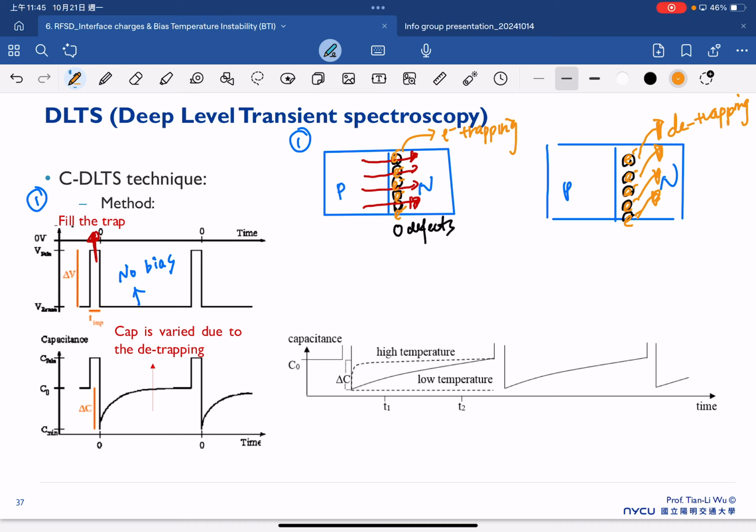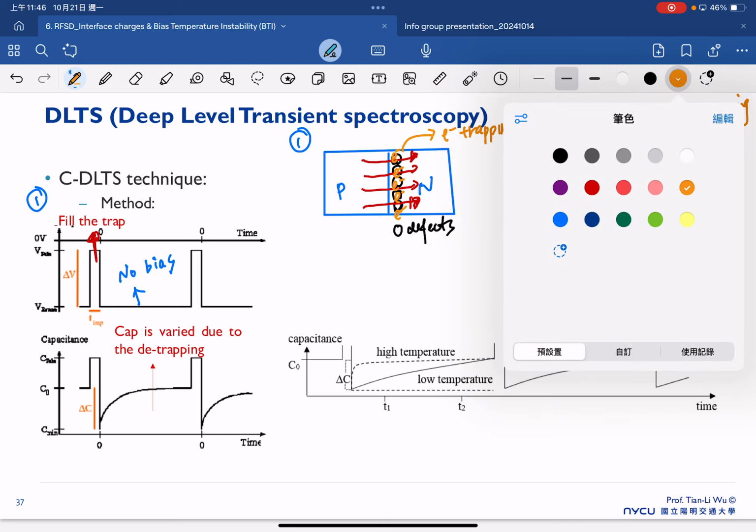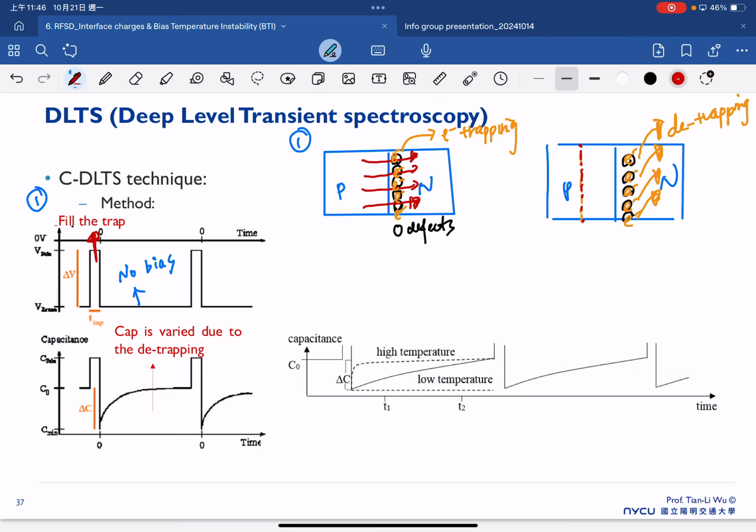And we all know there's a capacitance here due to the depletion region, the depletion capacitance C. The depletion capacitance mainly depends on the depletion width, and the depletion width is highly correlated to how many charges are inside.